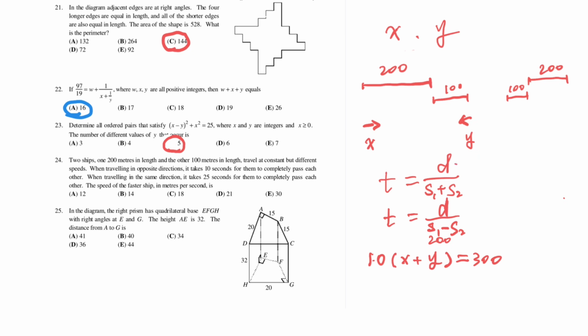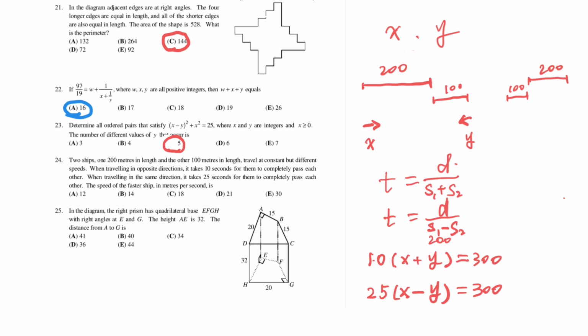That's our distance. Distance equals speed times time, but in the opposite direction it's the sum of the speeds. And in the same direction, the time is 25 seconds, so 25 times (x minus y) equals 300.